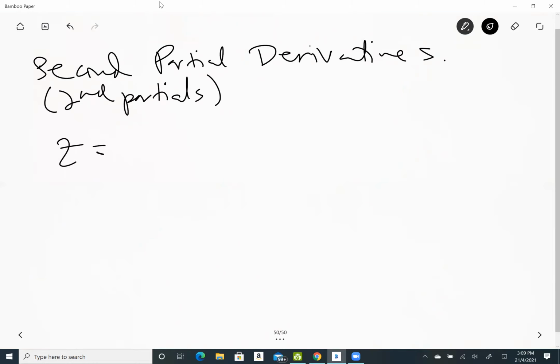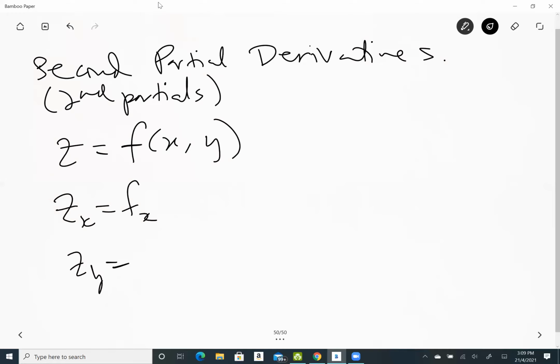So if I go from the function z equal to f of x, y, I take the derivative with respect to x, I get zx equal to fx. I get zy equal to fy. This is what you call the first partial, or simply the partial derivative.